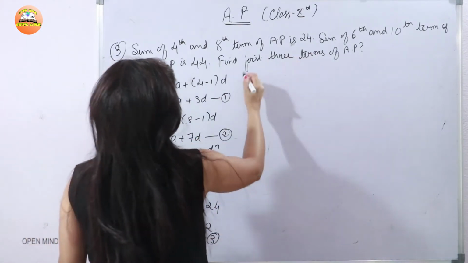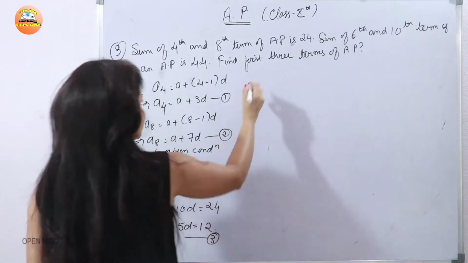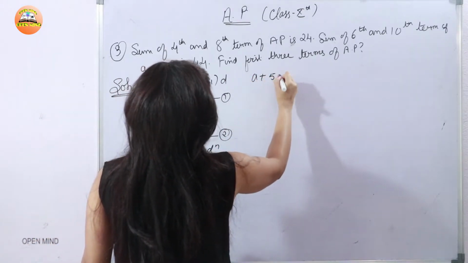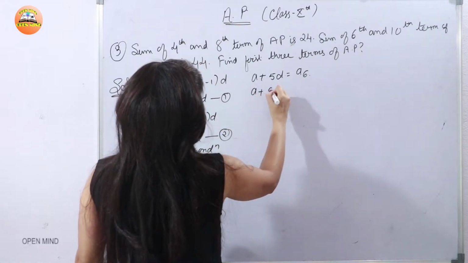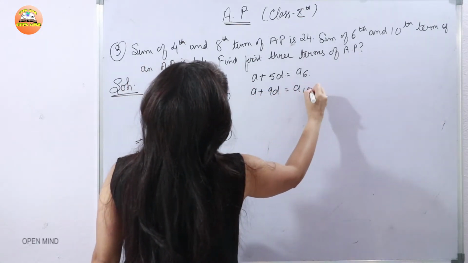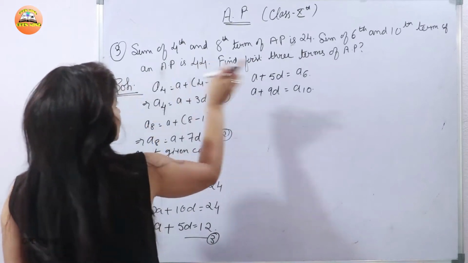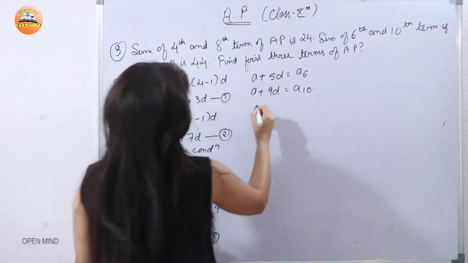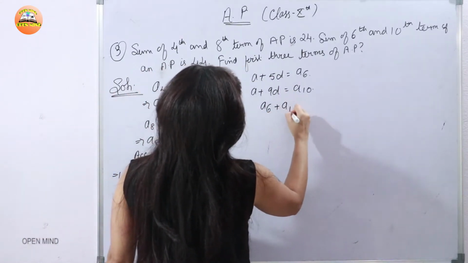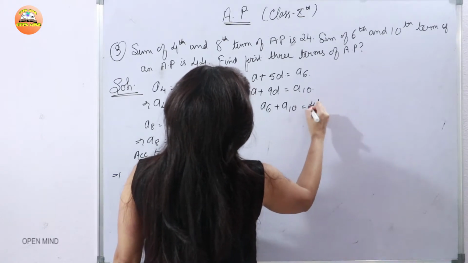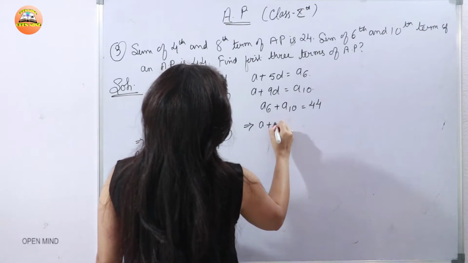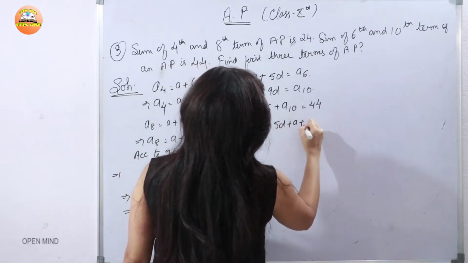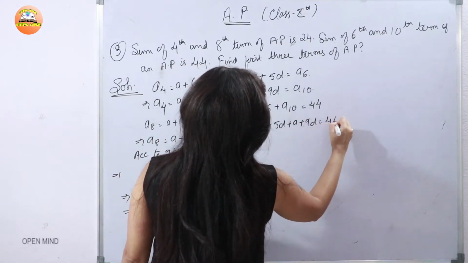Similarly, we will do the other thing. Sum of the 6th term and the 10th term. a plus 5d is equal to a6 and a plus 9d is equal to a10. Now they said sum of these two terms is equal to 44. That means a6 plus a10 is equal to 44, which implies a plus 5d plus a plus 9d is equal to 44.